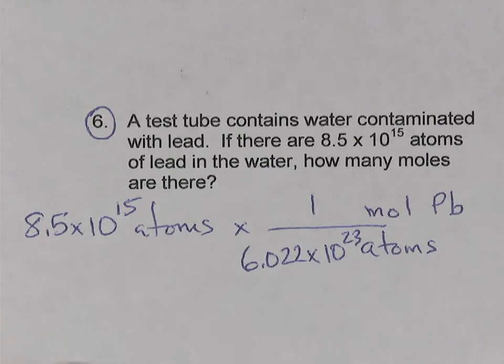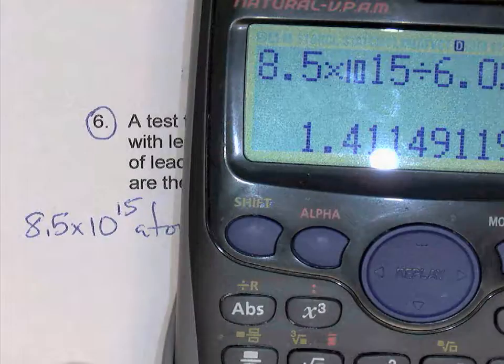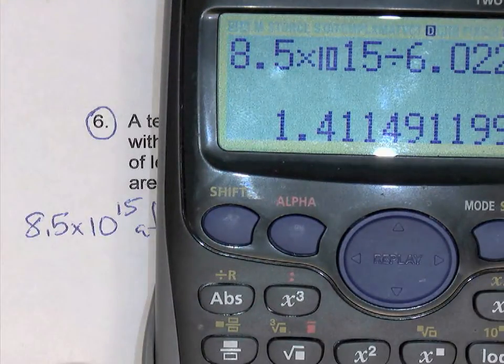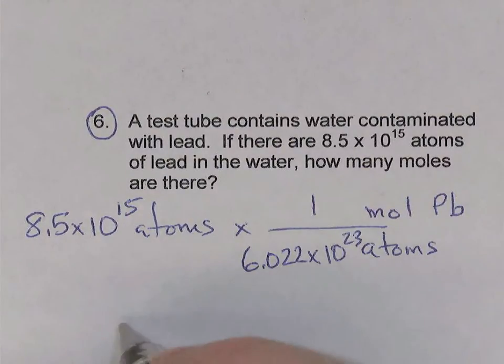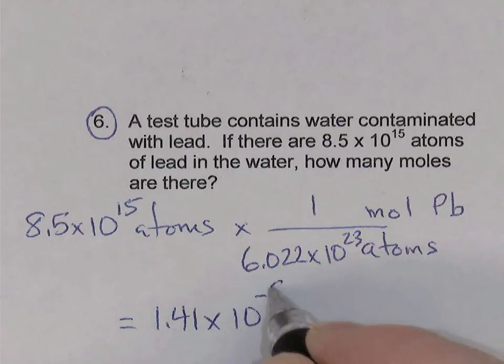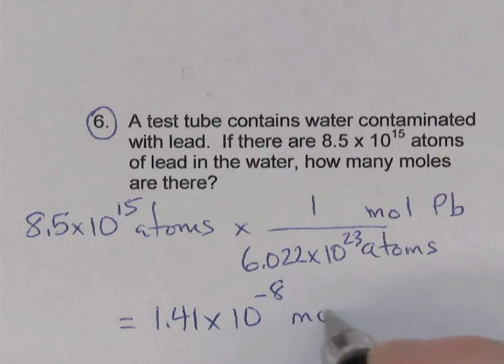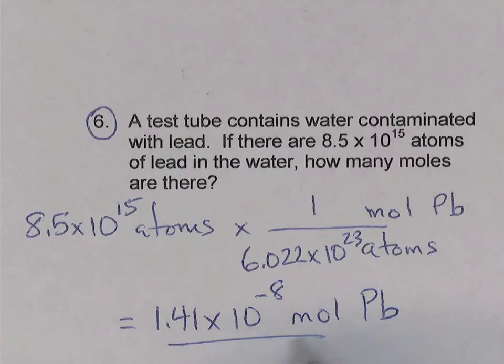We press equals, and my calculator screen says 1.41 times 10 to the minus 8 is the answer. So equals 1.41 times 10 to the minus 8 moles of lead, which is pretty close to what we said it would be just using some mental math.